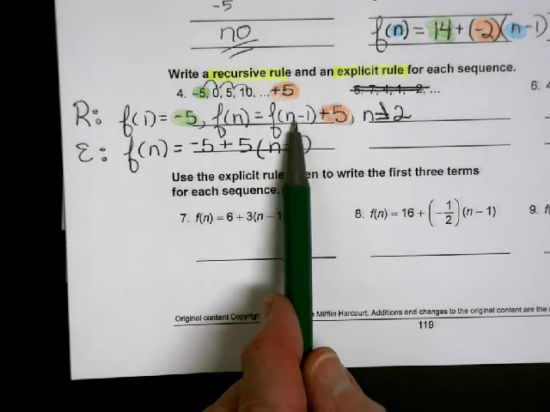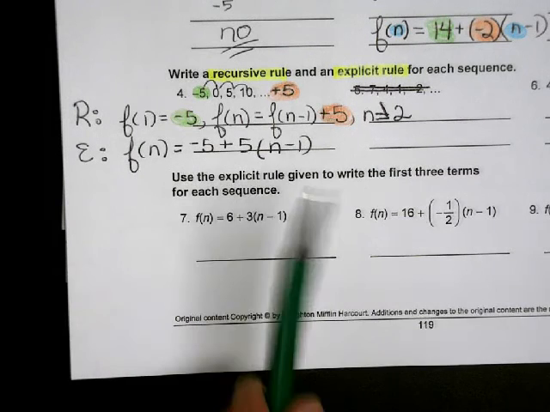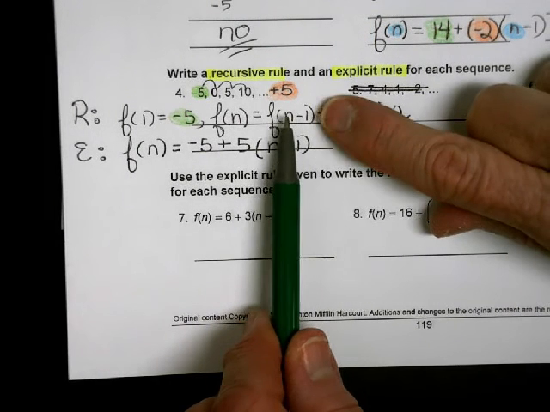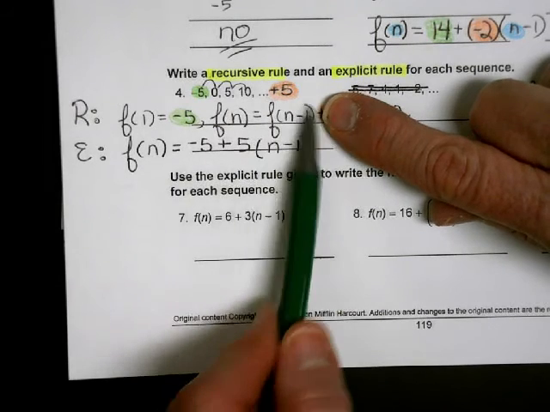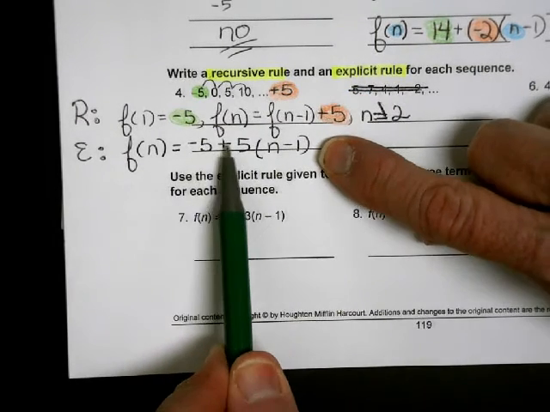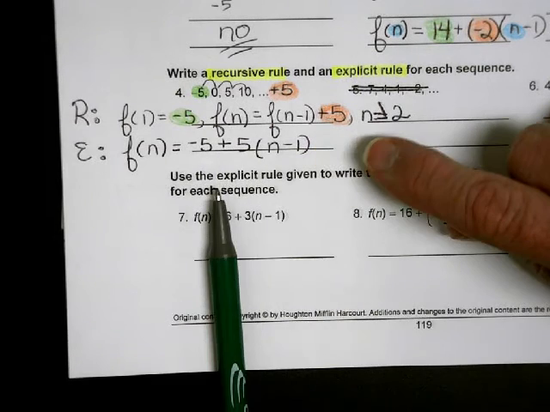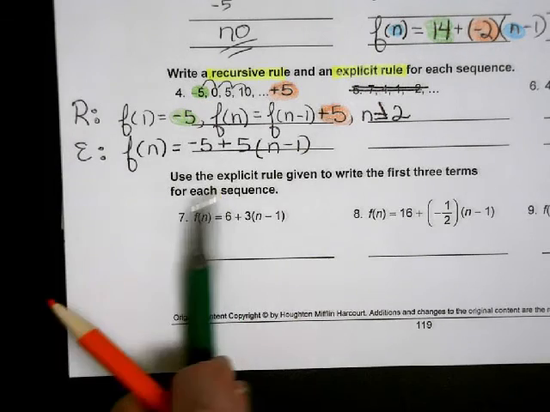So if I ask you for the 15th term, this one won't do me any good unless I have the 14th term, because that's what goes here. I don't put a 15 in there. I need the 14th term. This is the value. But here, I just put in a 15. If I take negative 5 plus 5 times 14, I've got my 15th term.